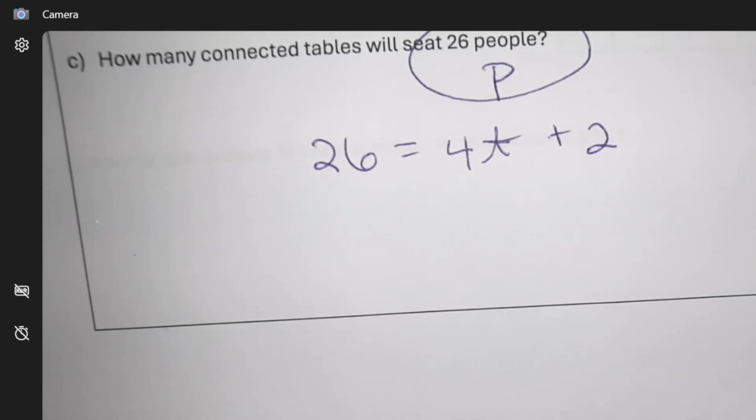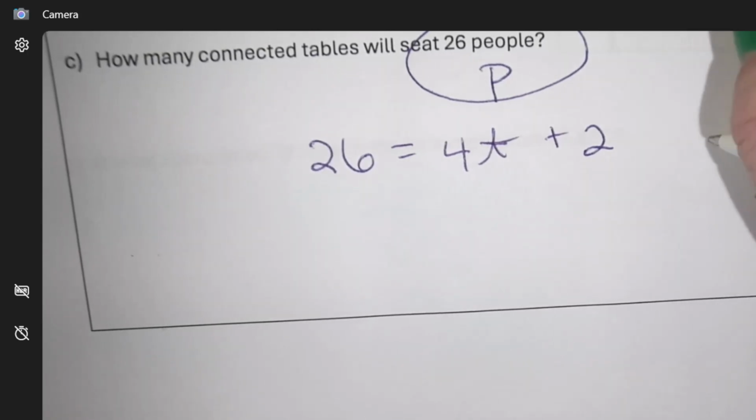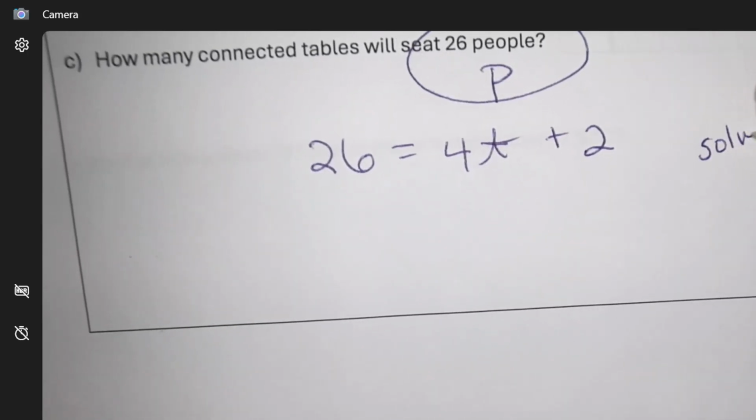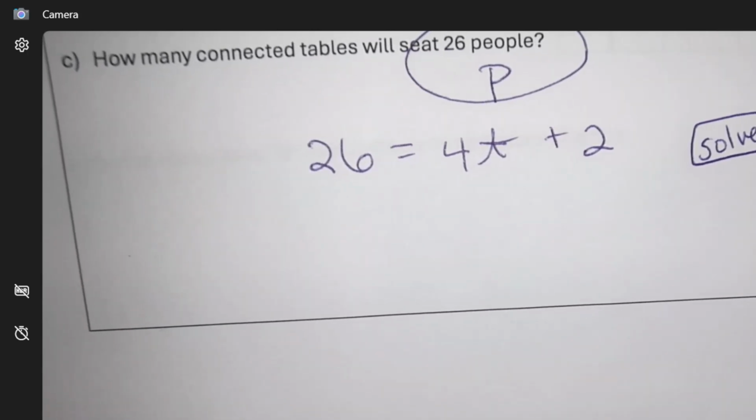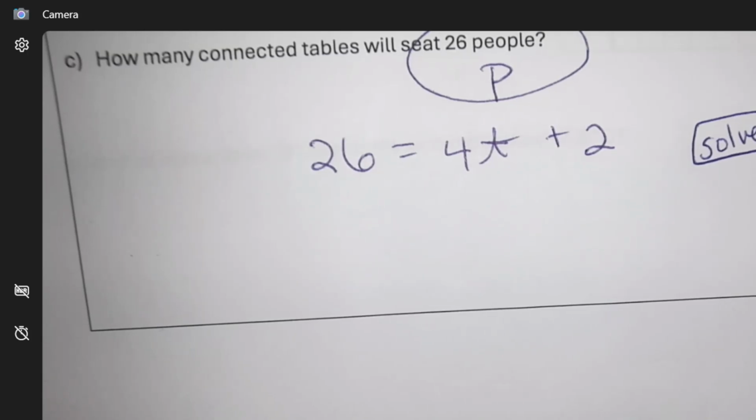Which one is this? Solve. Evaluate is just collect numbers together. Solve means do your algebra teeter-totter stuff to get something alone. Okay? Those words are different.